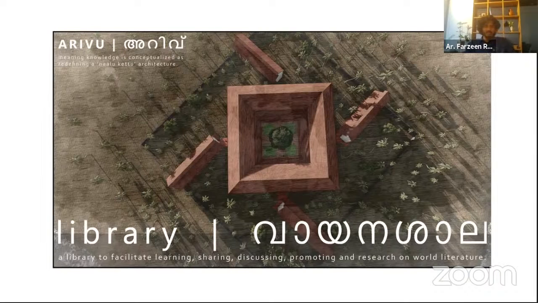And the heading is Aribu. Aribu means knowledge. So this space is a Naligatu concept, the traditional concept, where you have a central courtyard. I would show the plan here first.